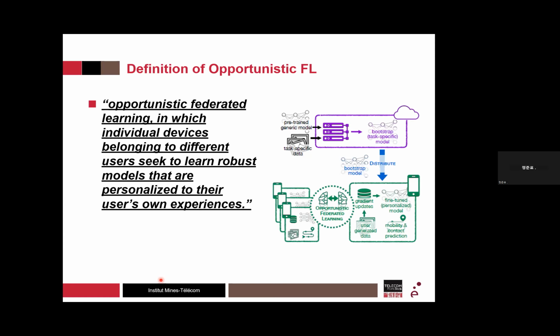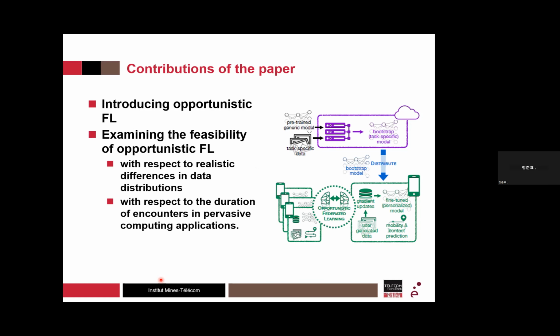Following the paper's definition, in opportunistic federated learning, individual devices belonging to different users seek to learn robust models that are personalized to their own plausible data distribution.